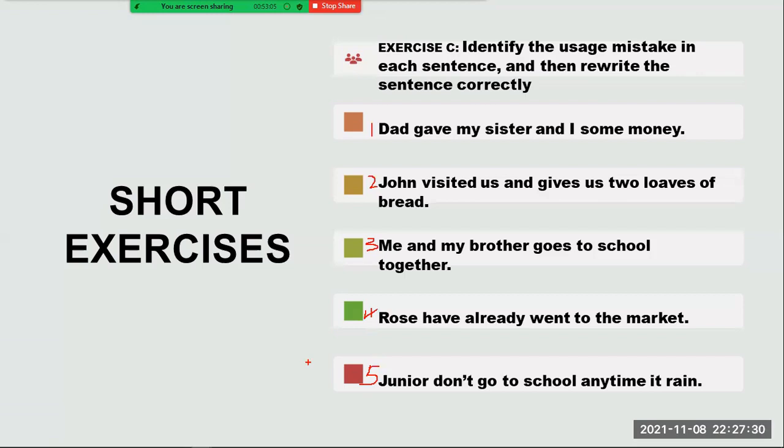We will have a short break for you to do this exercise. Write your answers on a sheet of paper, and I'll be right back to give you the correct answers. So stick around. I'll be right back.